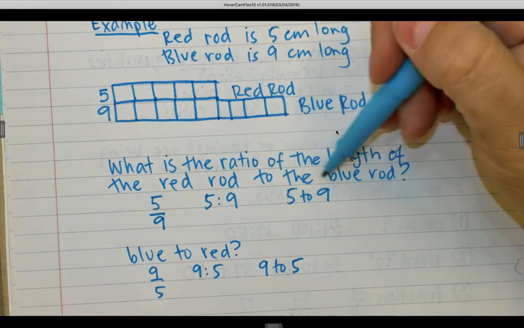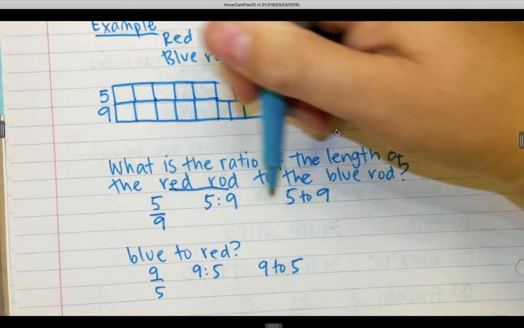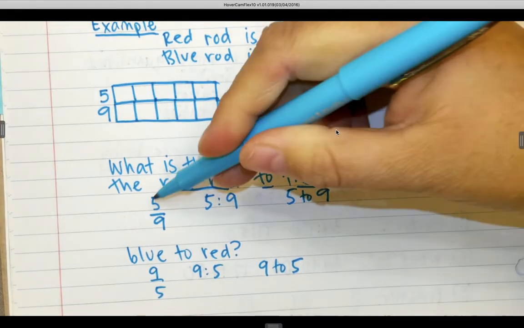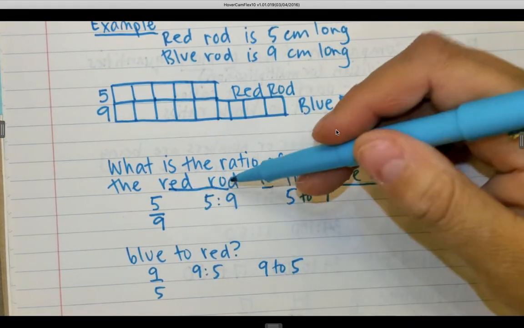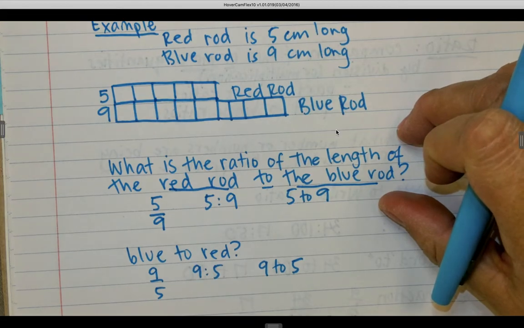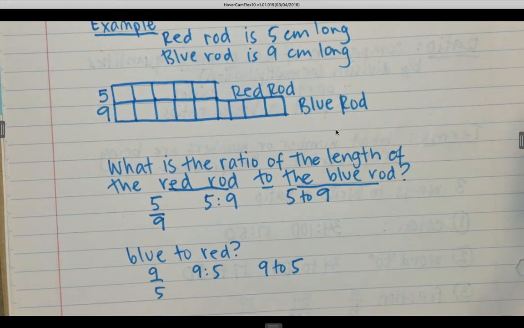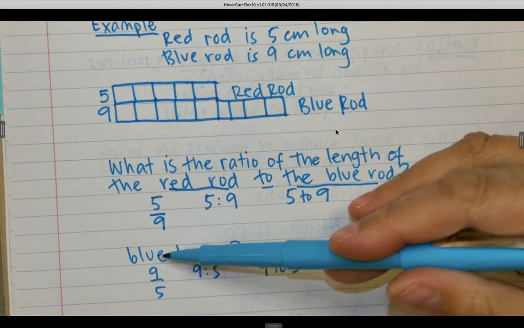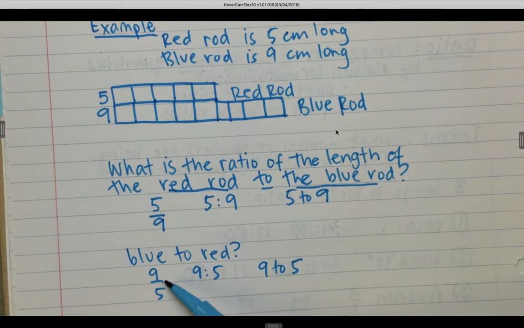Because red rod comes first in this problem, the red number has to come first. If you wrote 5 to 9 for this top problem, it would be incorrect. You have to put it in the order that it asks. That's why blue to red down here is 9 to 5. If you had written 5 to 9 on this second question, it would be incorrect.